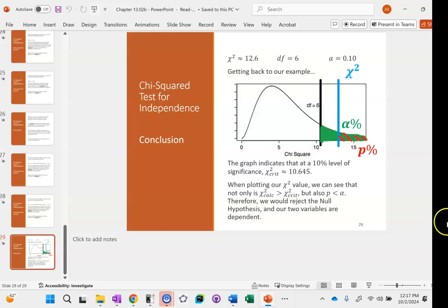In our case, we had 3 rows and 4 columns. Don't count the totals. So it'd be 2 times 3, 6 is my degrees of freedom. Everybody feel good?